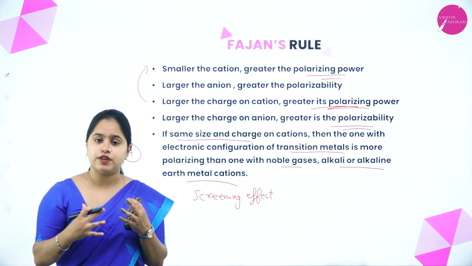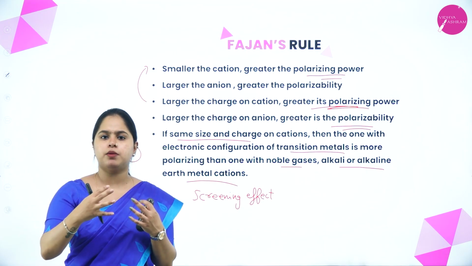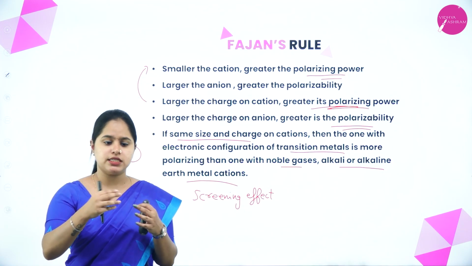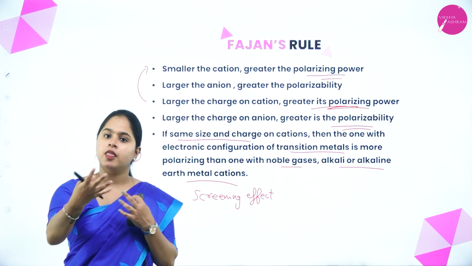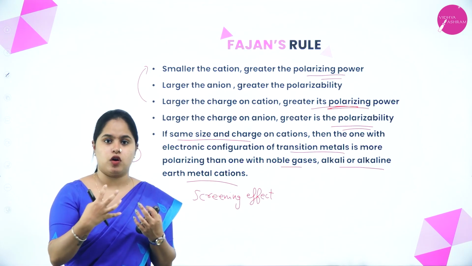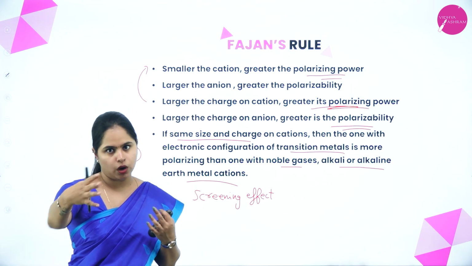The screening effect is less means the other inner electrons present will not be able to screen the outermost electron in a good way. That means the attraction between them will be very high, right? If the screening effect is more, that means the inner electrons do not allow the nucleus to give its full attraction to the outermost electrons.